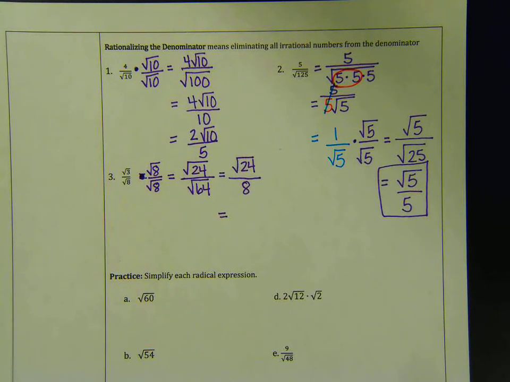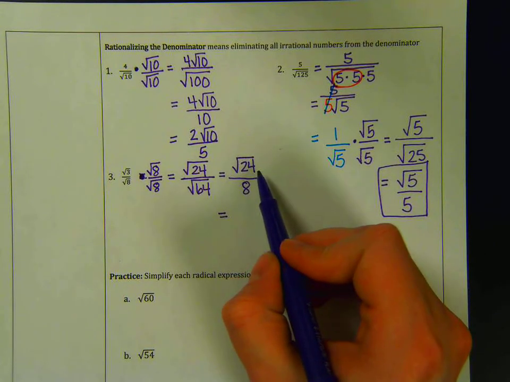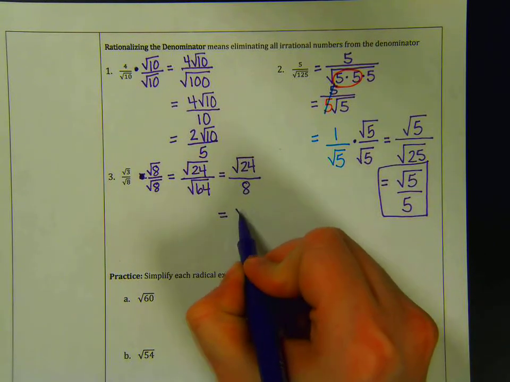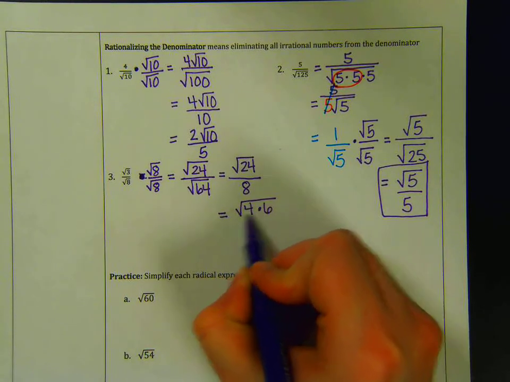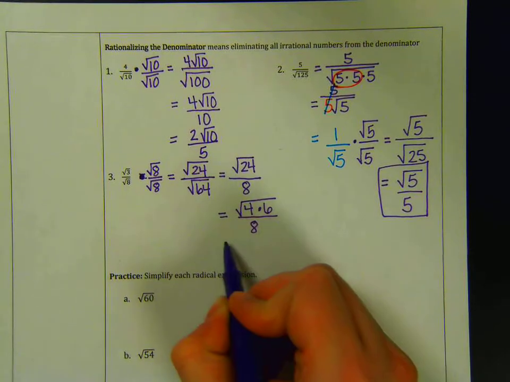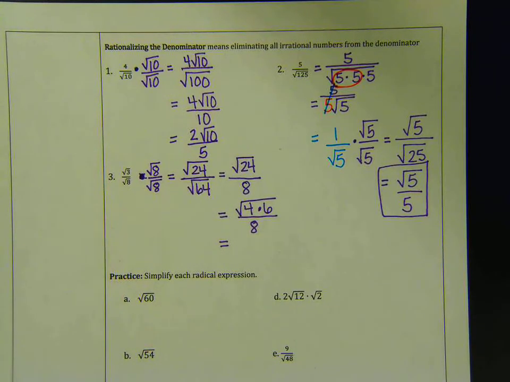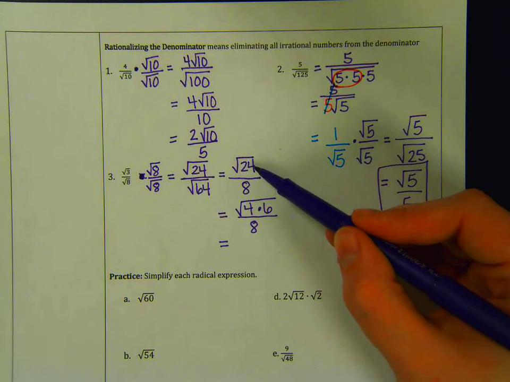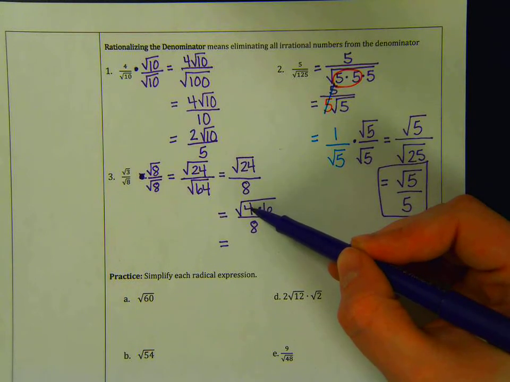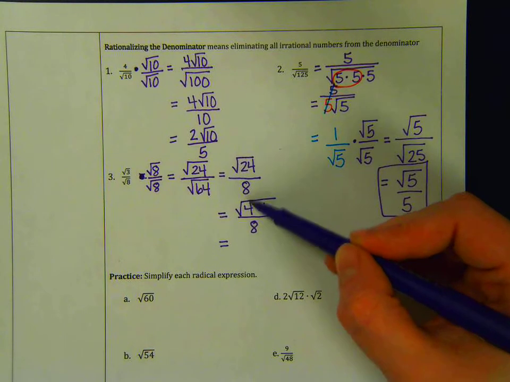Now I just have to simplify as best as I can. So the square root of 24, I can rewrite that as the square root of 4 times 6 over 8, because I know 4 is a perfect square. So 4 times 6 is 24. I can rewrite 4 as just 2 because the square root of 4 is 2.